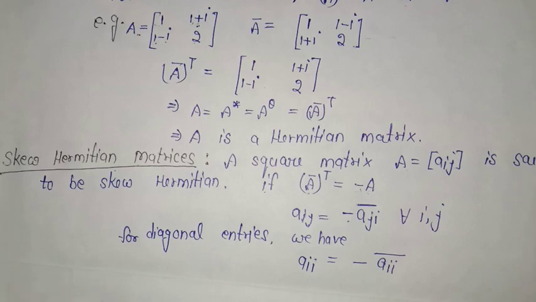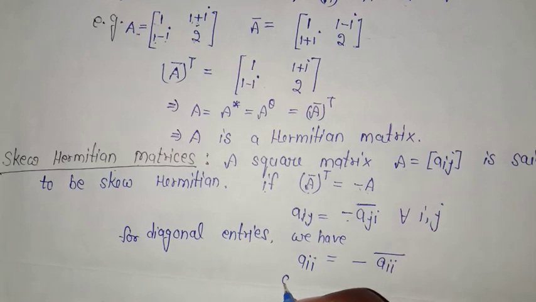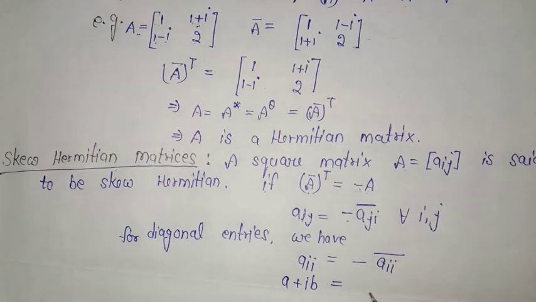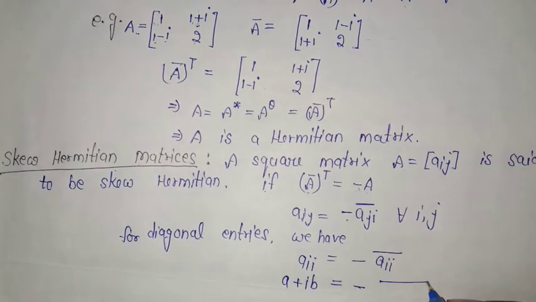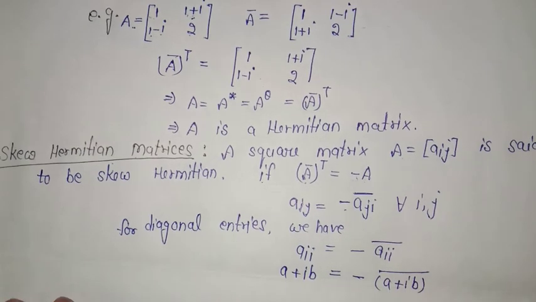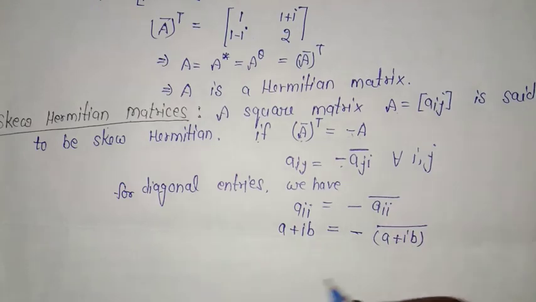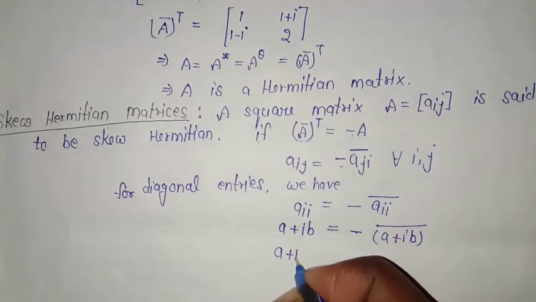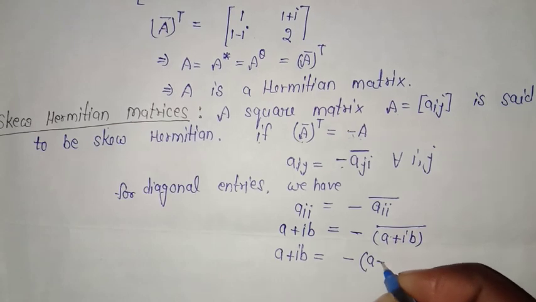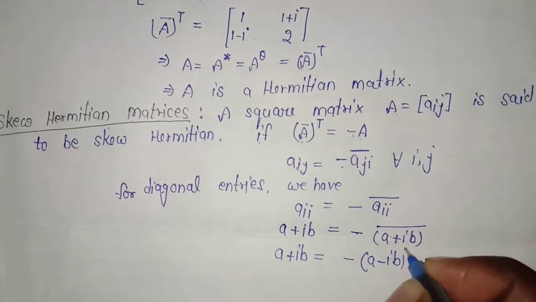So if I consider it as a complex number, a plus ib, that will be equal to minus of the conjugate of a plus ib. And after taking the conjugate, this becomes a plus ib equal to minus of a minus ib, because we are taking the conjugate of complex terms.